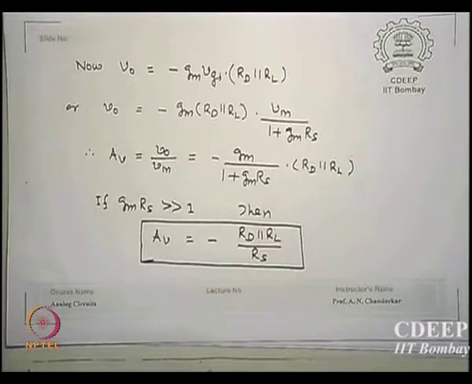Can you now see the voltage gain does not have a term which is technology related? The voltage gain of a common source amplifier with source not bypassed, or degenerated source, is a ratio of load to the source resistance.